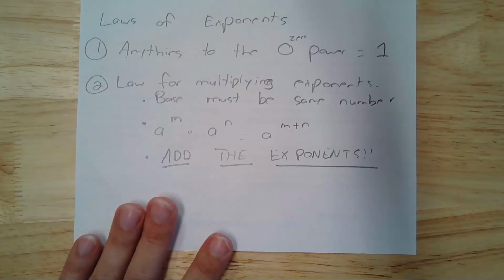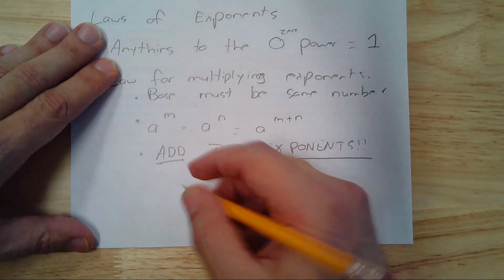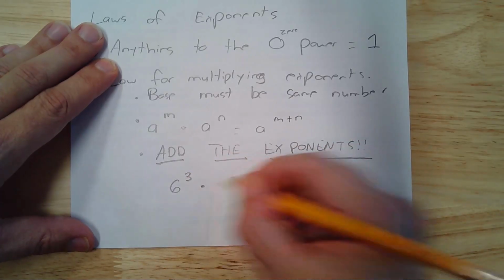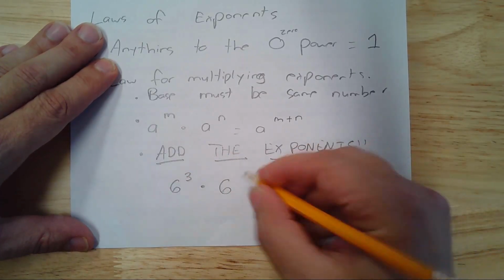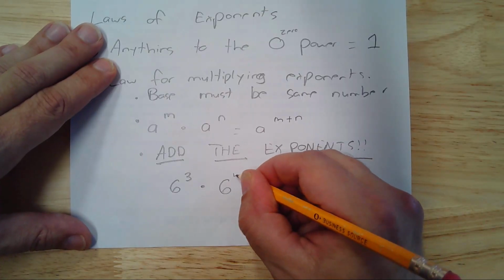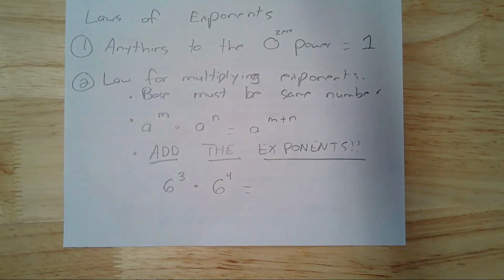So, brief example here. Again, the base has to be the same number. If I had 6 to the third power times 6 to the, fine, how about the fourth power? There you go. Trust me on this one. So what I am telling you to do here is, in this case, what does A equal? 6.